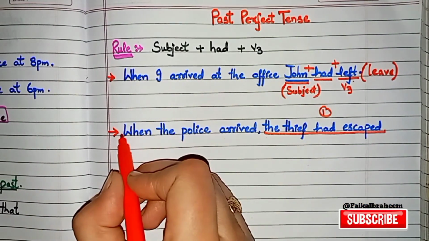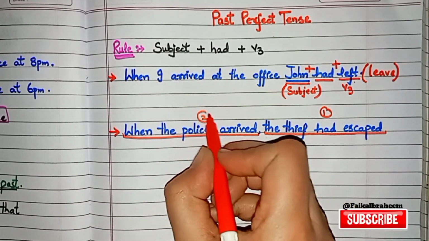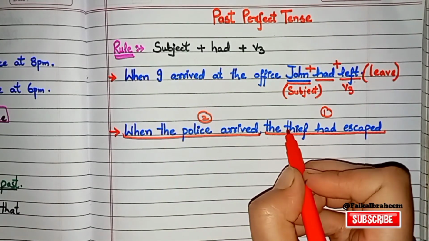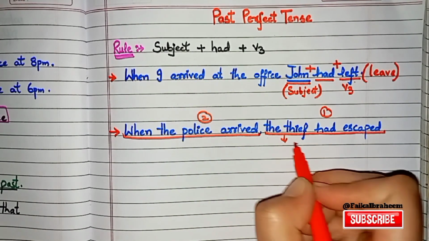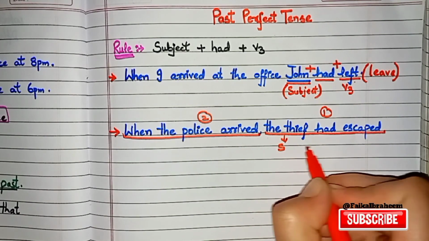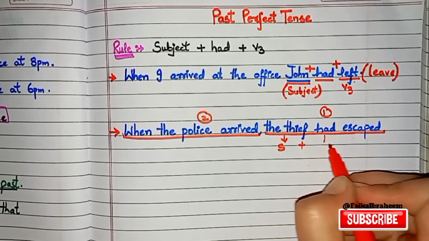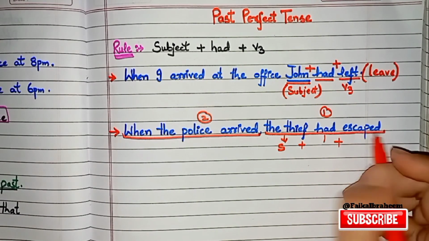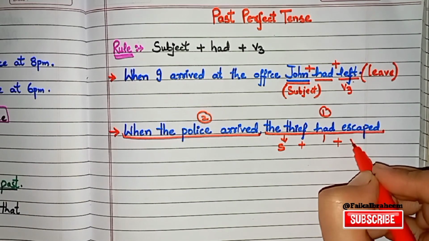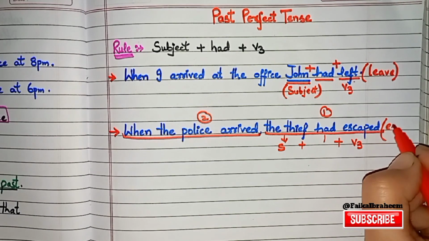This is the first action that happened. When the police arrived, this is the second action. The thief is subject plus had plus escaped, which is the third form of escape.